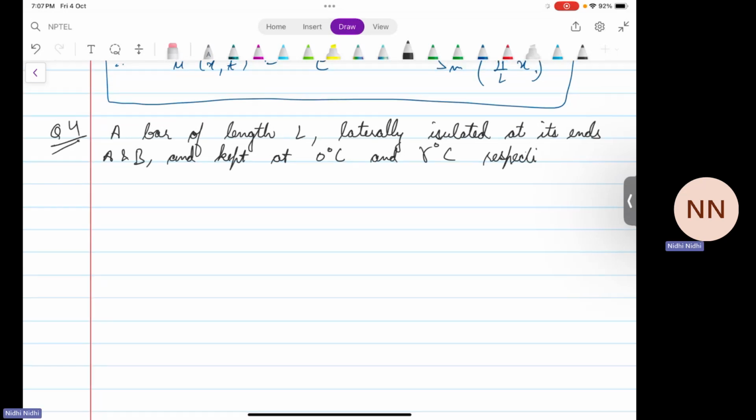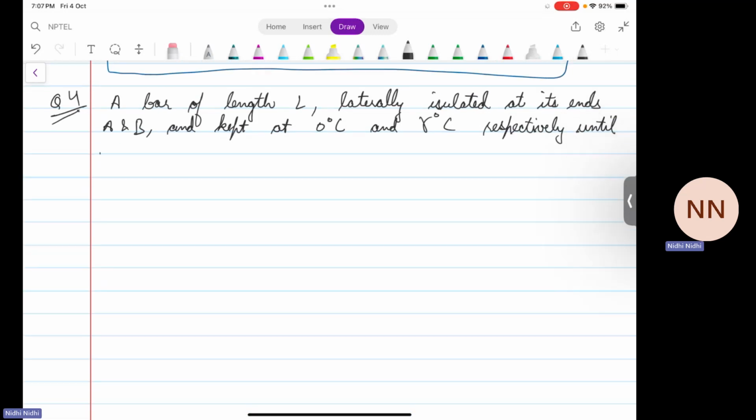respectively, until steady state condition prevails. So by steady state condition we mean the situation where the temperature is not changing with respect to time.